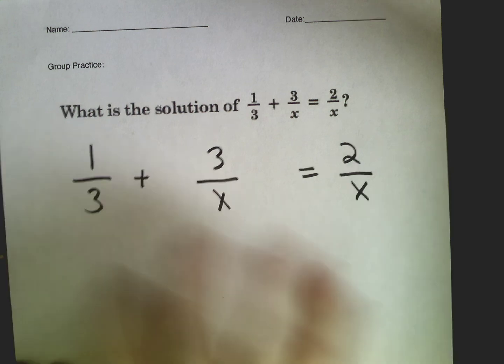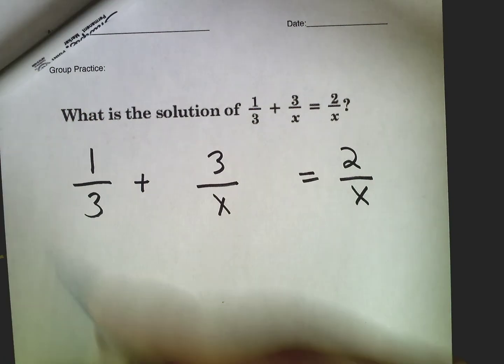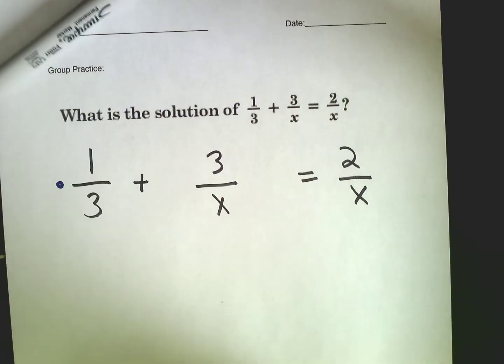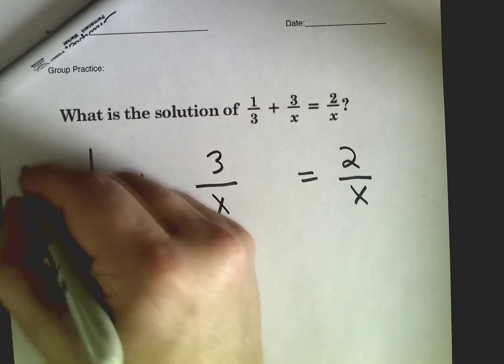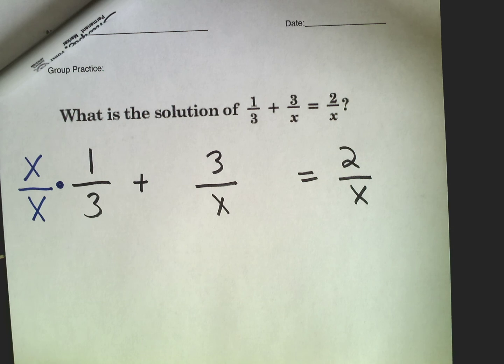I'm going to multiply all these by 1, but the special types of 1 I always talk about. For this one, I'm going to multiply by a 1 that is x over x. x over x is just 1. Any number divided by itself is 1.